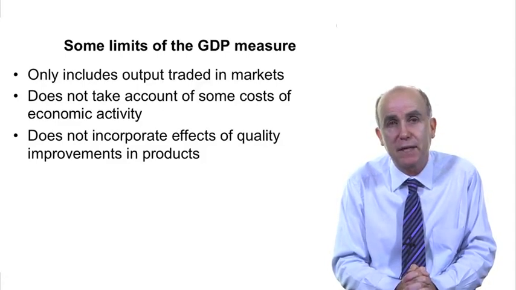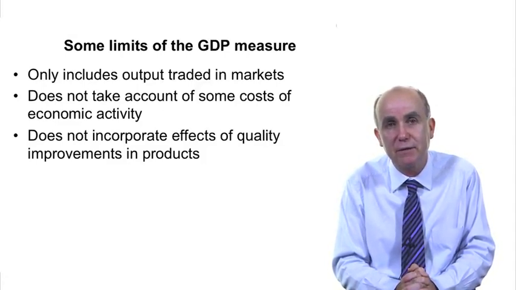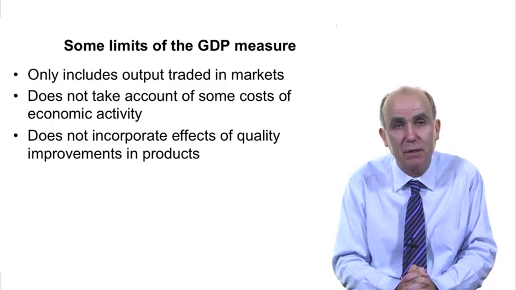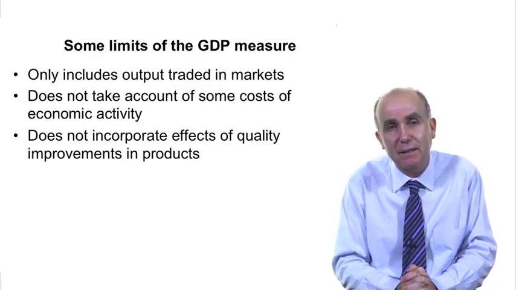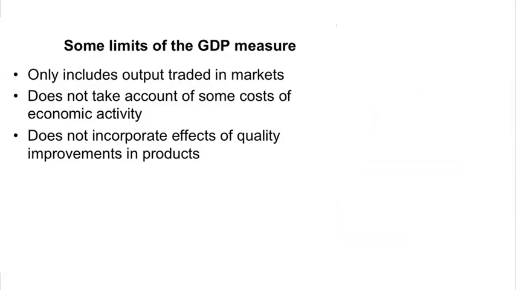So we know, for example, that a PC that cost $1,000 in the 1990s would be very different in quality to a PC that cost $1,000 today. But without adjustment, those two items would have exactly the same impact in GDP. They'd be counted the same way.